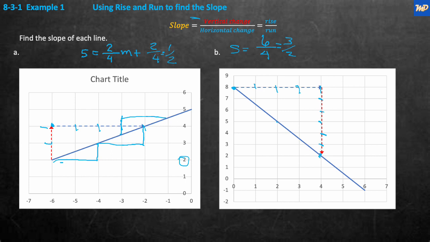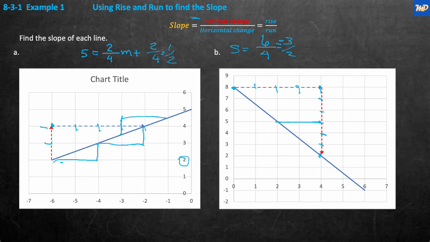So 1, 2, 3 over 2. It's the same thing. You're going to fall 3 and go over 2. And anyways, this is a negative. We're going negative. So that's an idea of how to look at the slope.